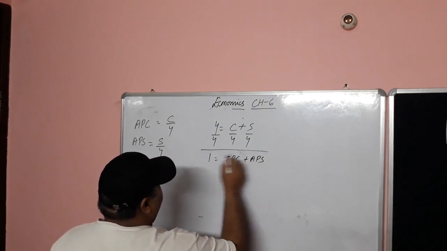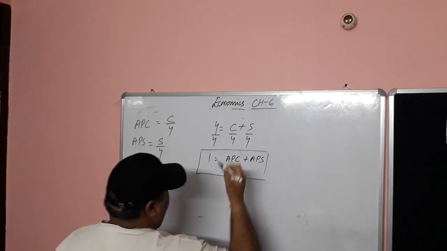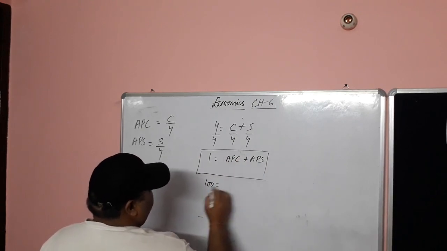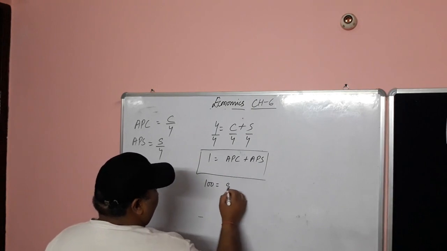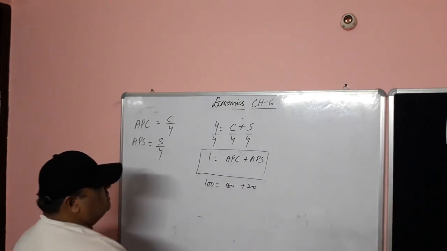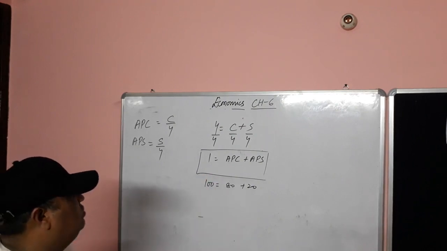For example, a person's income is 100 and he consumes 80 rupees, so he saves 20. So when the value increases, the ratio also changes.